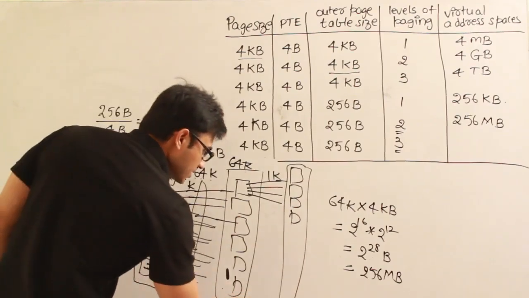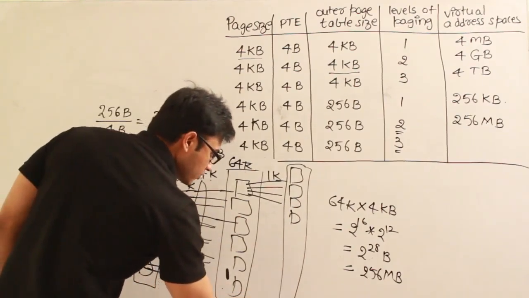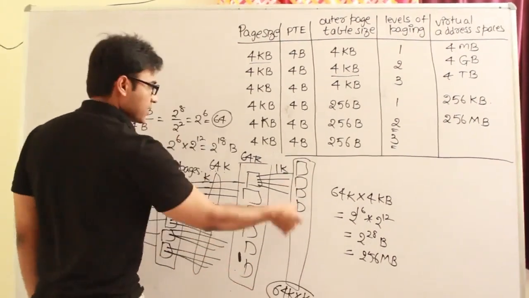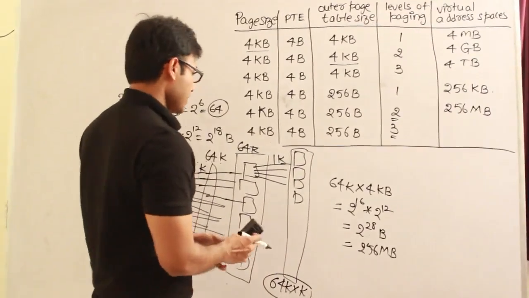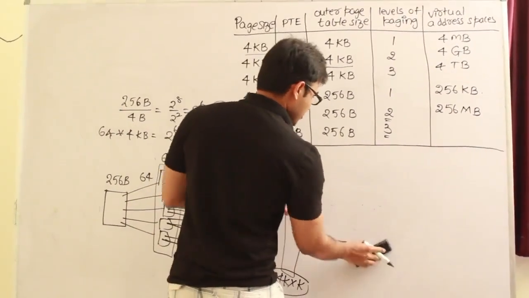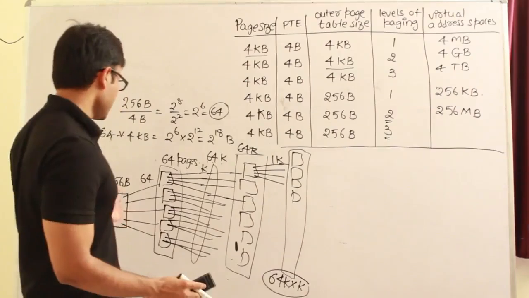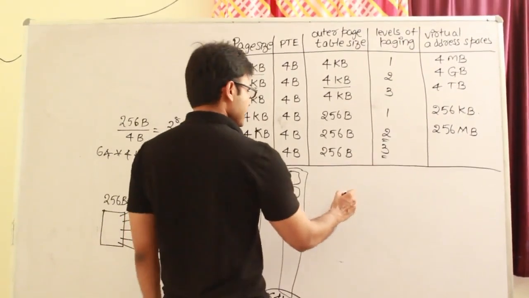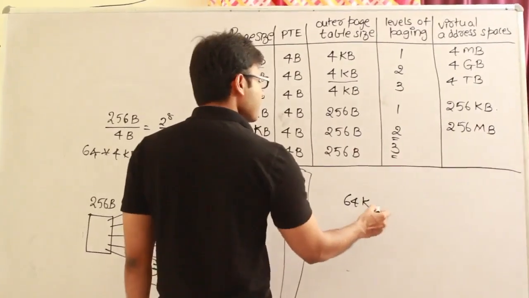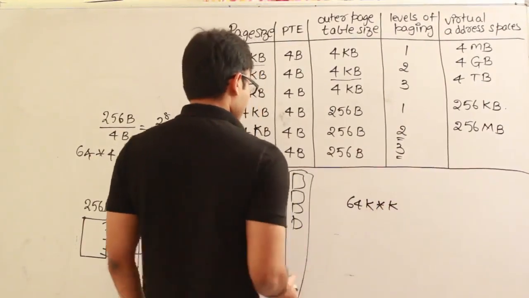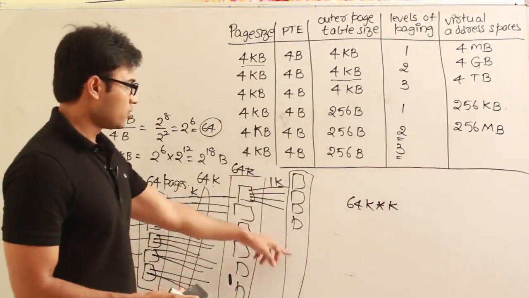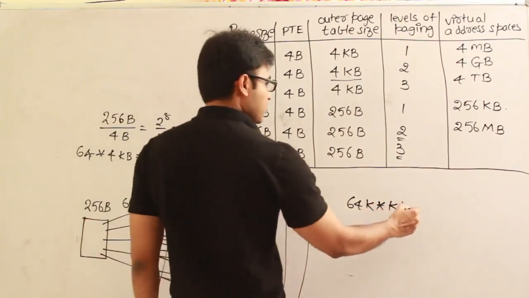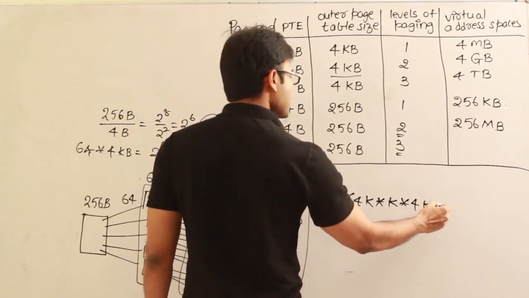It is 64K into 1K pages that will be present here, right? Therefore the total number of pages present in the process. Why am I calling it a process? Because three levels are over: first level, second level, third level, right? Therefore it is 64K into 1K pages present, and the size of each page is 4KB.